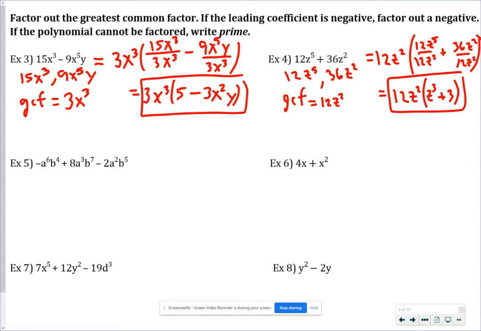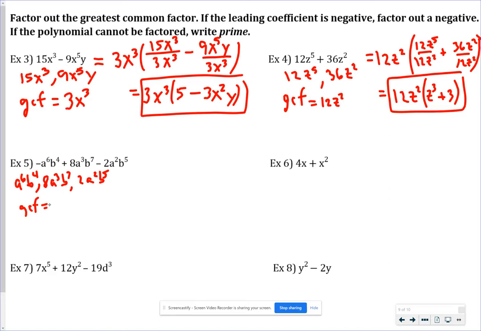All right, example number 5. There is a negative as a leading coefficient, so we're going to factor that out. We're also going to find the GCF and factor it out. So we're going to look at a to the 6th, b to the 4th, the 8, a to the 3rd, b to the 7th, and the 2a squared, b to the 5th. The GCF for all that is going to be, well, let's see, 1, 8, and 2 are the coefficients.